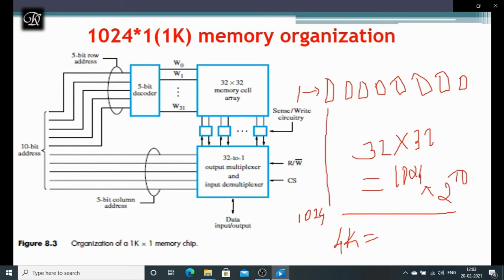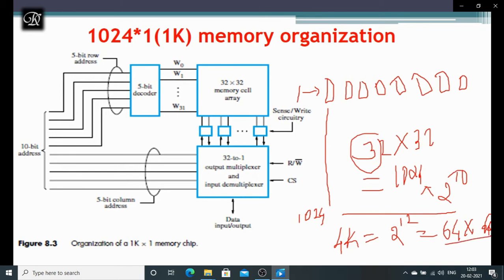So now 2 to the power of 11 will give me 2K, and 2 to the power of 12 will give me 4K. Now I'm having 2 to the power of 12, which is going to give me 4K. So rather than going with 32 cross 32, now I can go with 64 cross 64.